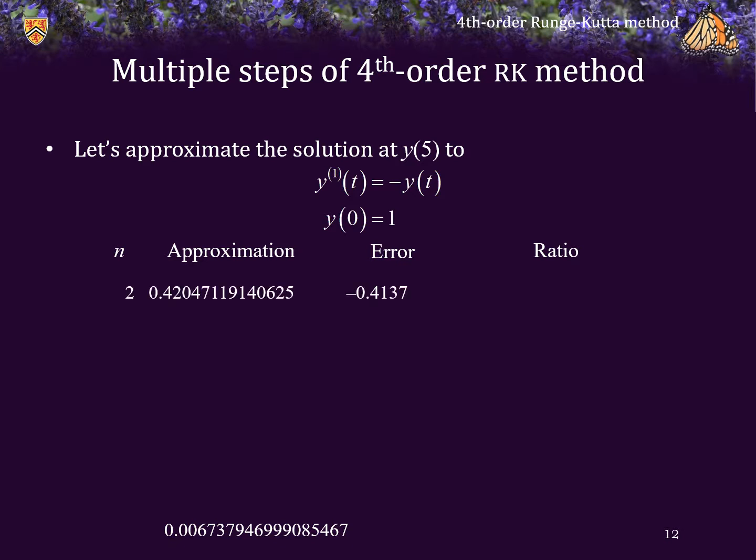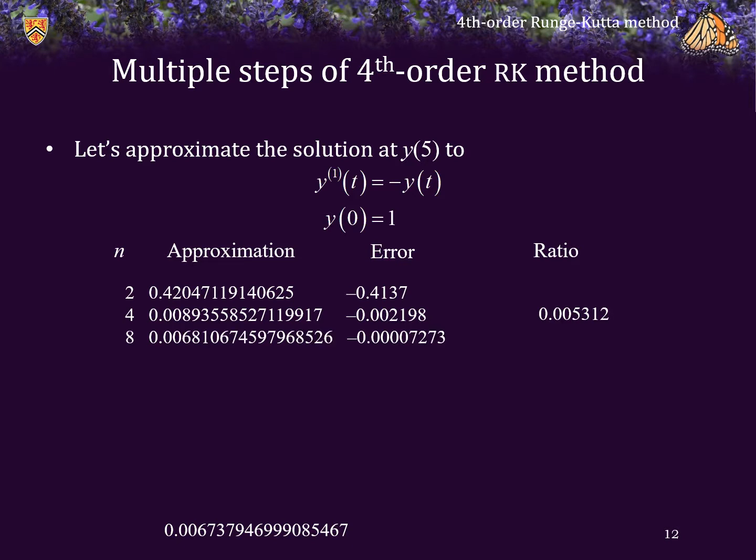If n is equal to 2, h is equal to 2.5, and again, it's not a very good approximation, which is at the bottom. However, just doubling the number of steps to 4, so h is equal to 1.25, we're getting much closer. The relative error is only about 30%. There's been a significant drop as well.